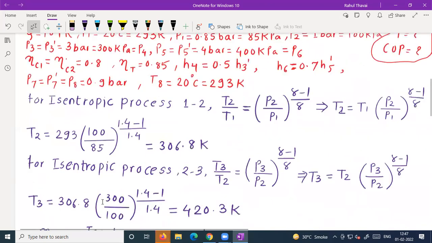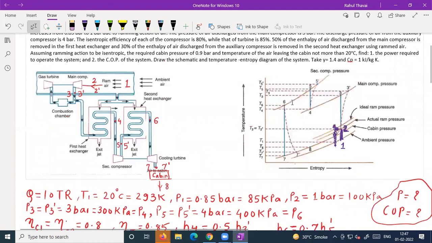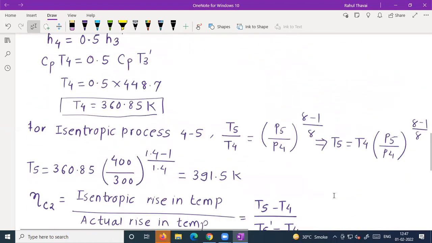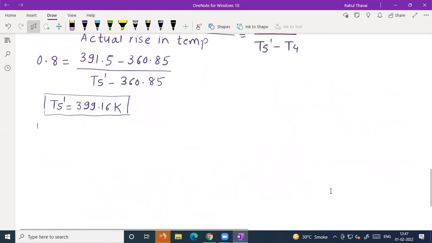So at point number 5, I got the temperature. Now I need to calculate the temperature at point number 6. For that I will use one more expression which is given, that is H6 is 0.7 of H5 dash. So that I will use now.